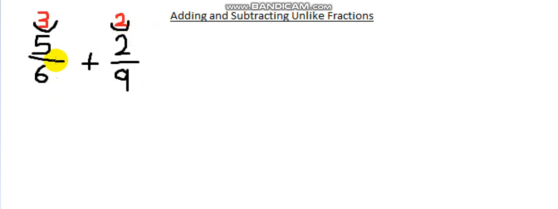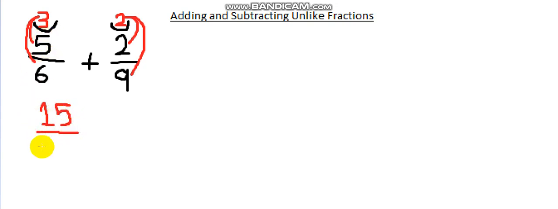And so I rewrite my fractions after I multiply the number in the hat with both the numerator and the denominator of each fraction. So let's go. 3 times 5 is 15. We're writing now the first fraction.